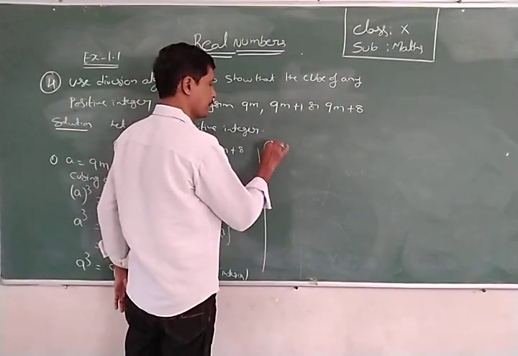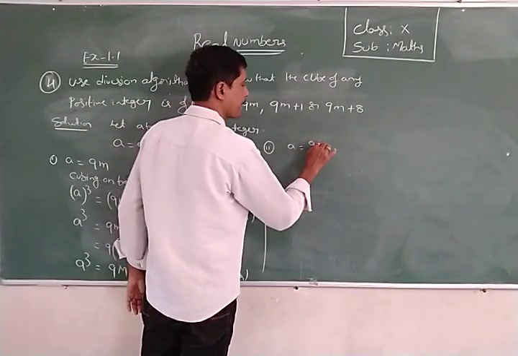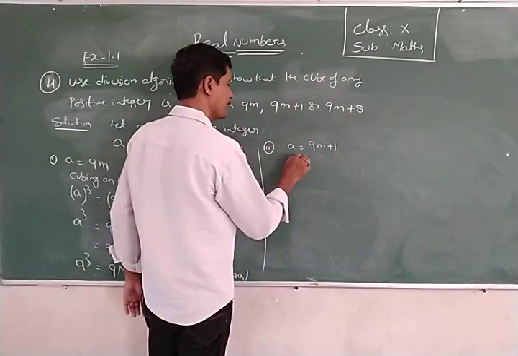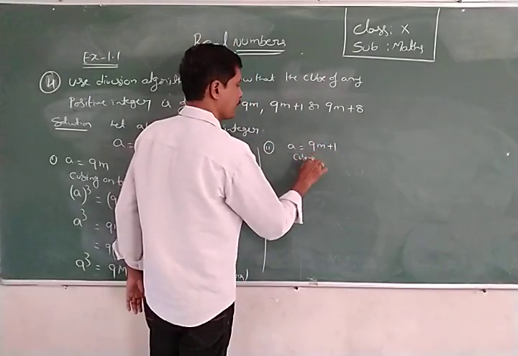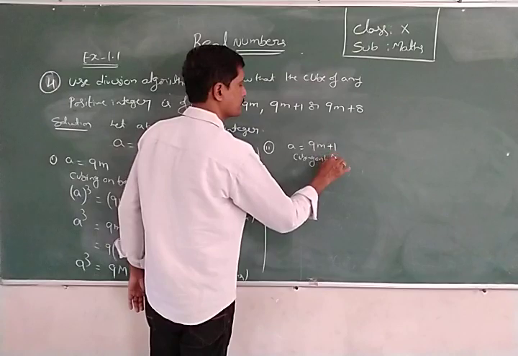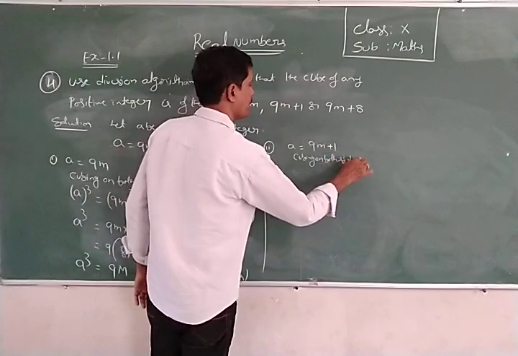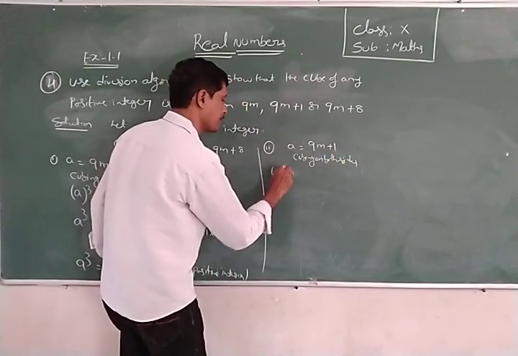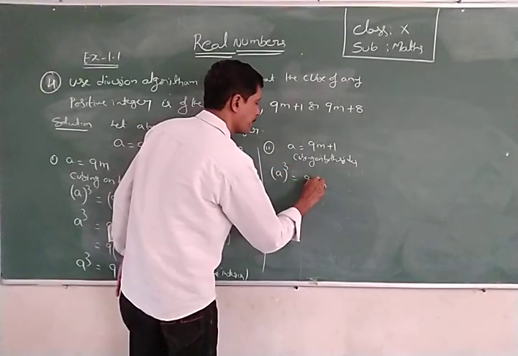Okay. Next, the second one is 9m plus 1. Take a equal to 9m plus 1.